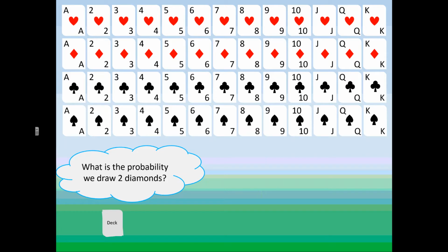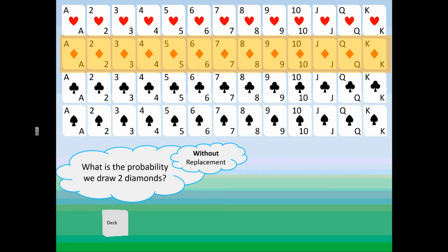What is the probability we draw 2 diamonds? Definitely regularly means without replacement. So that means I'm looking for diamonds, I draw 1 card, and then I draw a second card. Well, for my first card, I've got the 13 out of 52 probability again. But for my second card, I don't have the 13 out of 52.